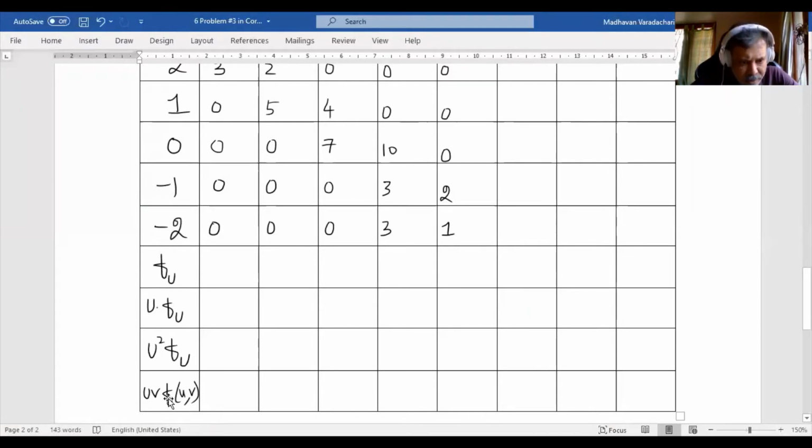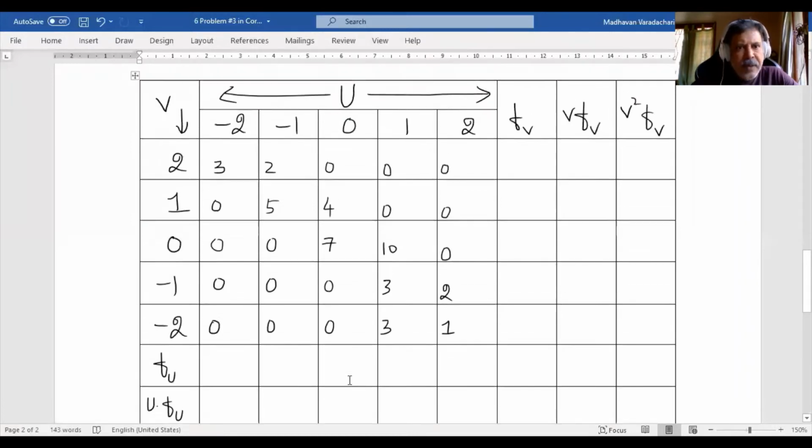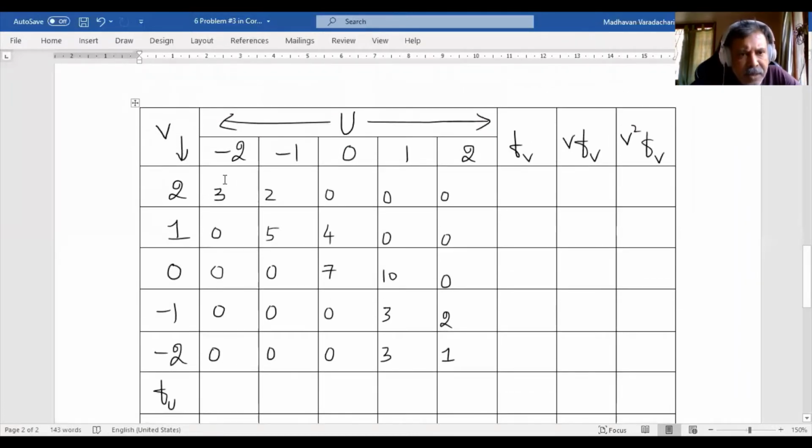So for this last element, that is u into v into the frequency, for example, if I come to this cell, I can calculate u into v, which is -2 into 2, which is -4. -4 into 3, it is -12. That result, I will write it in a box. How it came? It is u into v, -2 into 2, which is -4. -4 into 3, it is -12. Likewise, all this.